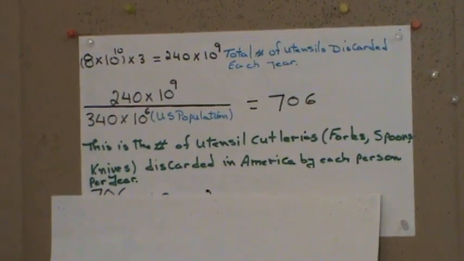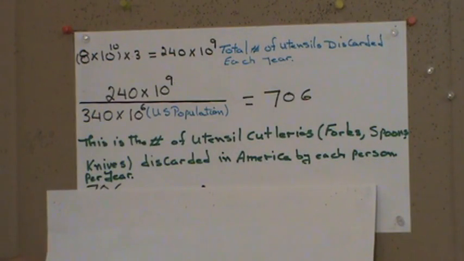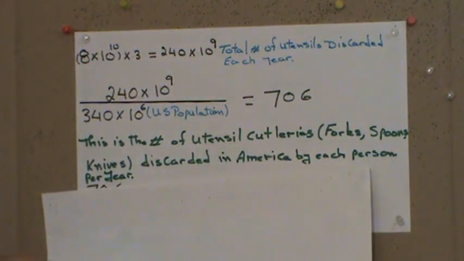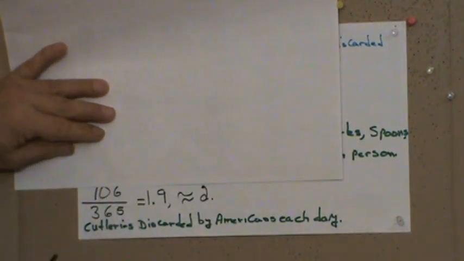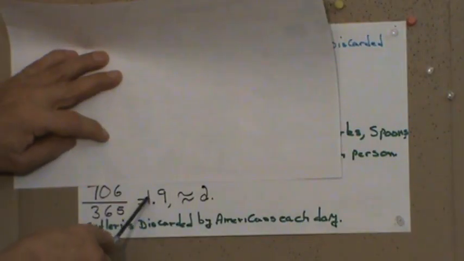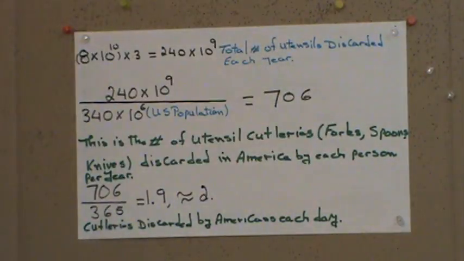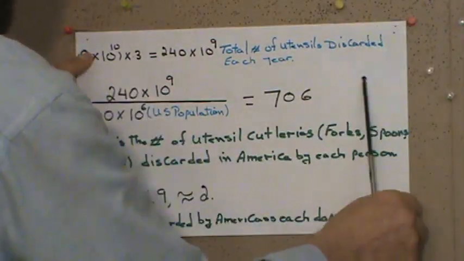This is the number of utensils or cutleries, forks, spoons, and knives, that are discarded by each American, per year. So if I divide this one by 365, that will be per day. Now look what happens. I divide by 365, and I end up with 1.9, which I approximate to be 2. 2 what? 2 spoons, forks, or knives.